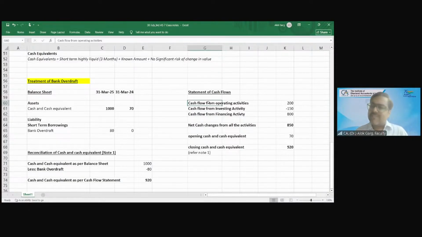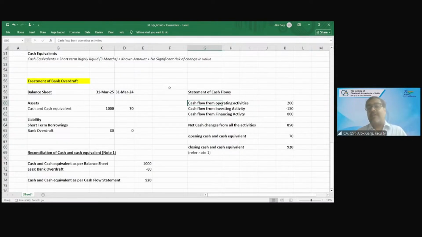In the balance sheet, maximum it can be zero, it cannot be negative. You have 1,000 rupees and 5,000 rupees of OD facility, and the entire bank balance is overdrawn. So what is there in your balance sheet? Cash and cash equivalent 0, short-term borrowings, bank overdraft 5,000.